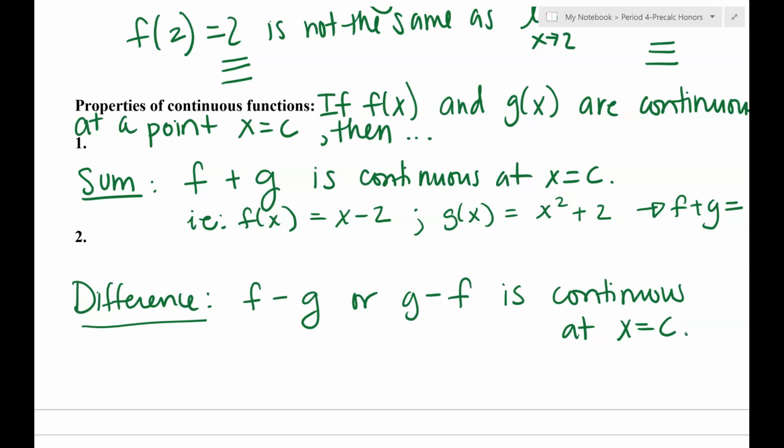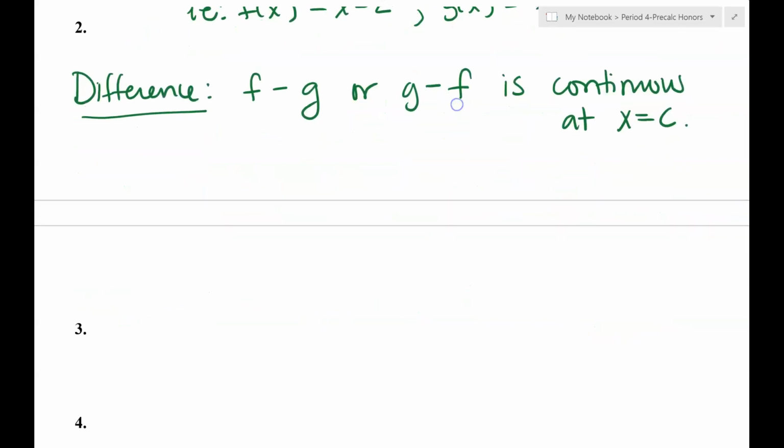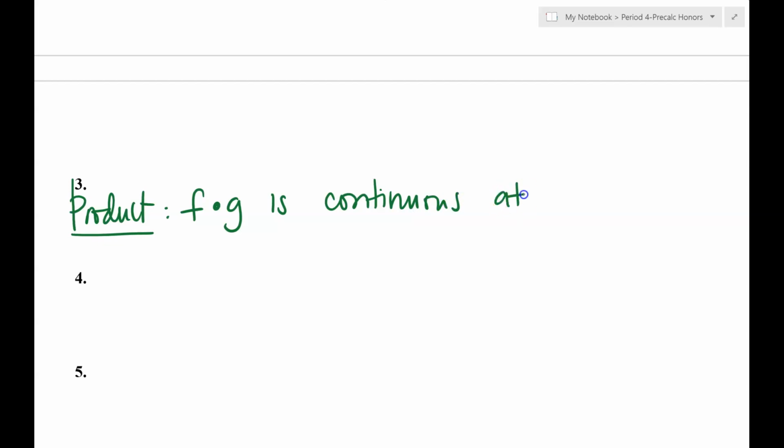We can also multiply them. So the product of f times g is continuous at x equals c. When I multiply f and g from the made-up equation, would you agree I just get a bigger polynomial? Yeah, and a polynomial is still continuous.